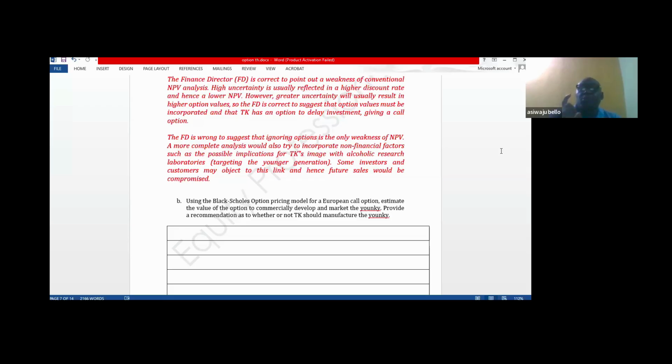For European option, you can only exercise your rights at the maturity of the contract.